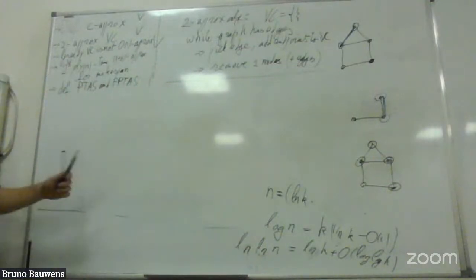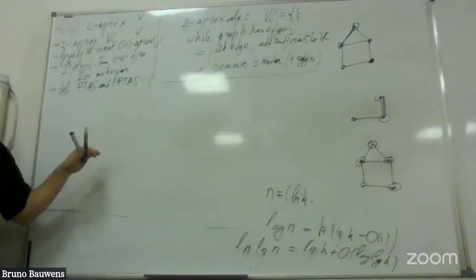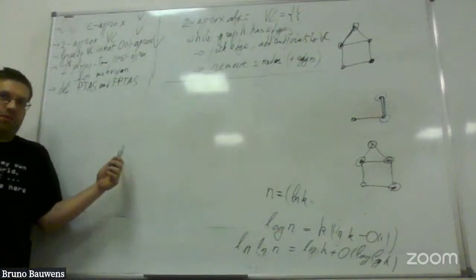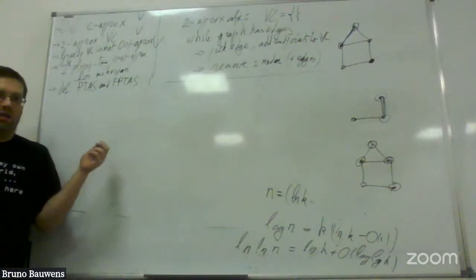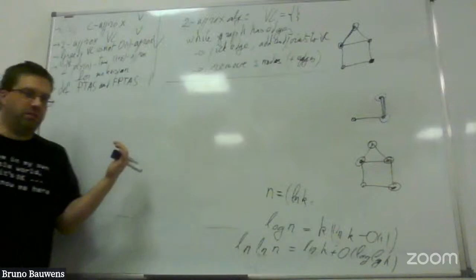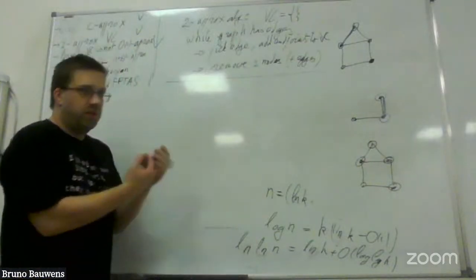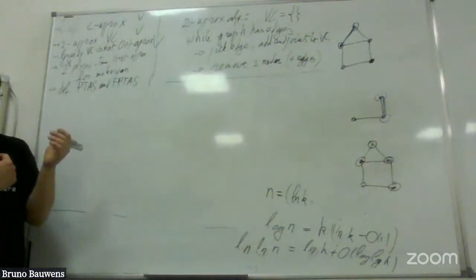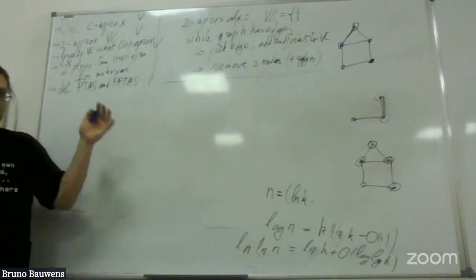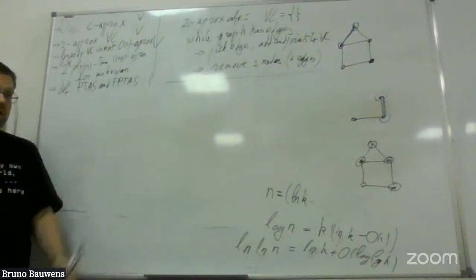Okay, in all of the lecture, we only speak about minimization algorithms, but we can also speak about maximization algorithms. Then a two approximation algorithm is an algorithm whose solution is at least half of the optimal solution, when we want to make a big solution, for example for independent set.